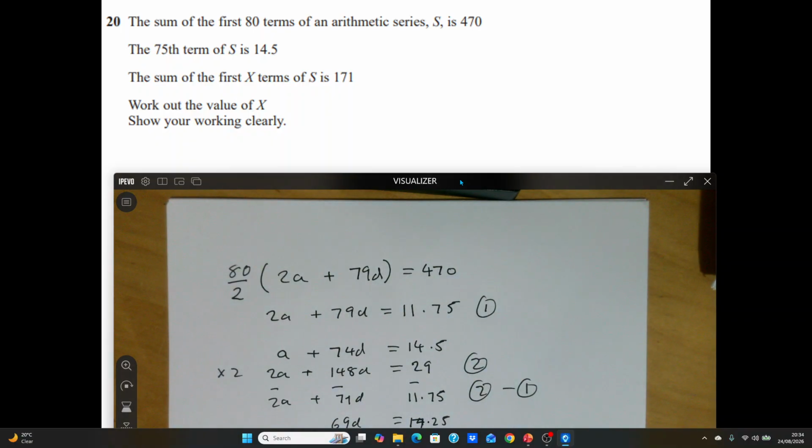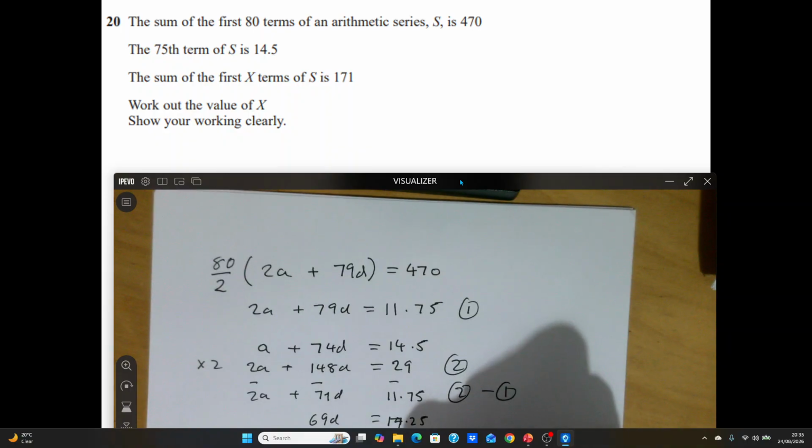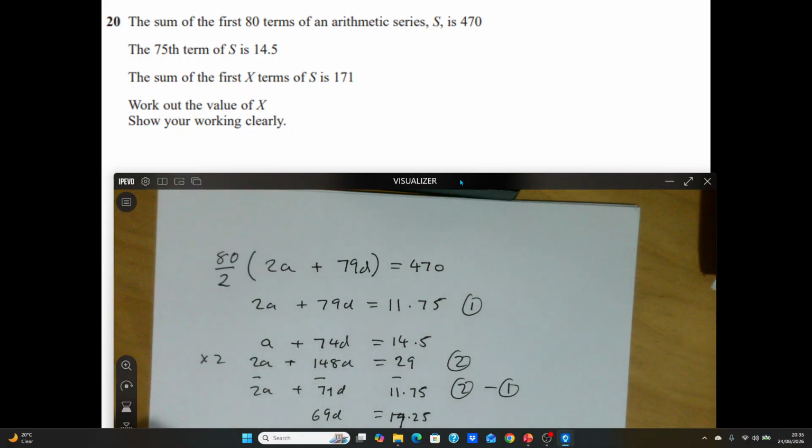Just check that with my calculator. I should have been using my calculator all the way through. Yeah, 17.25. So d equals 17.25 divided by 69, which gives me 0.25. I now know what d is.